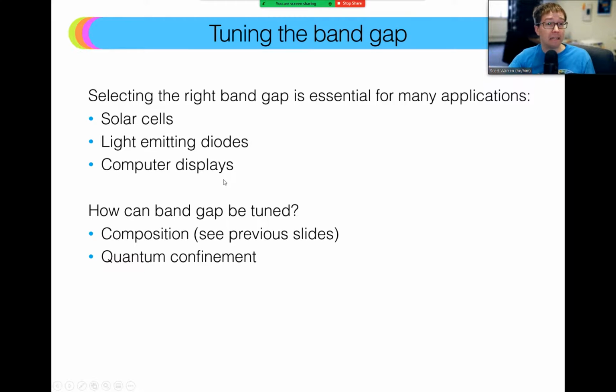And light-emitting diodes, which are a much more efficient way of producing light in homes, is a technology that requires the emission of red, green, and blue light in exactly the right proportions to have that desired color balance. And of course, computer displays, which emit light of various colors, are also another application for these materials that can potentially emit light of very specific colors.